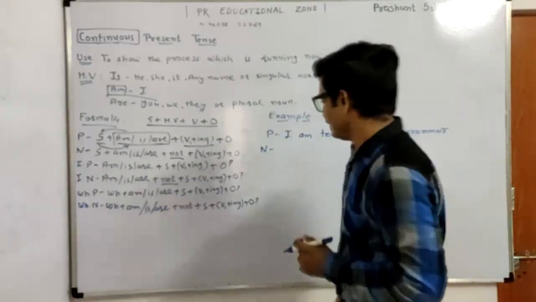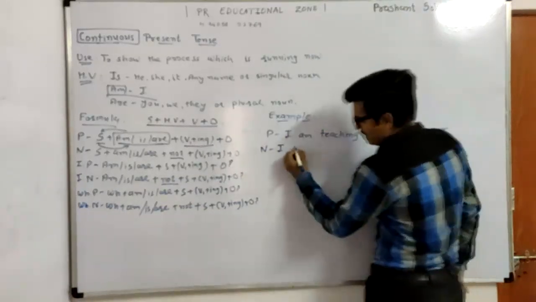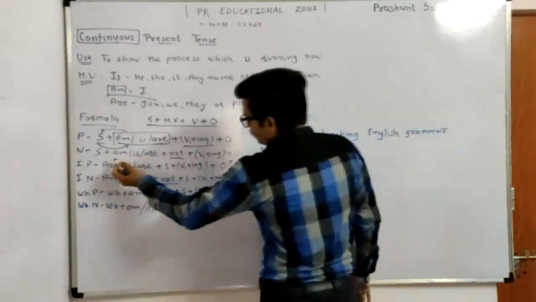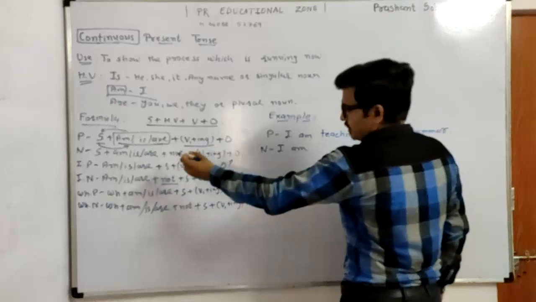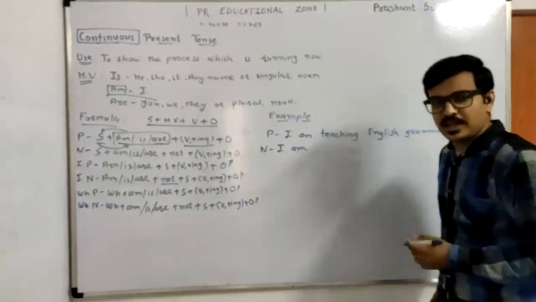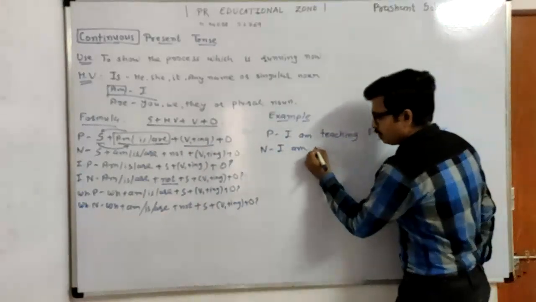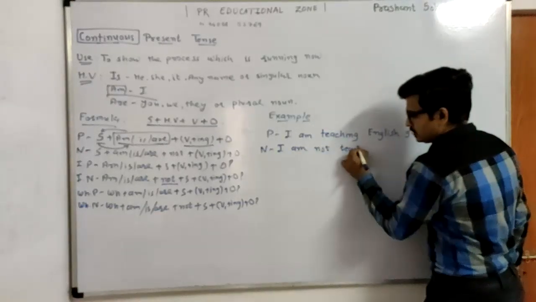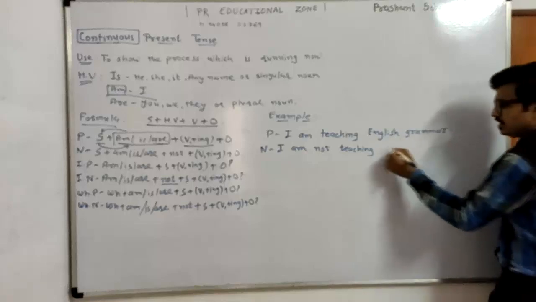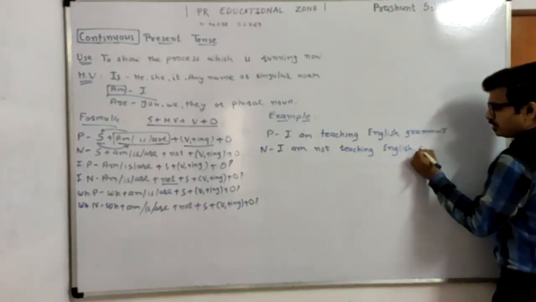That is right. We can also go by the formula: subject, which is I, and after that am, and then we will put a not, and then the ing form of the verb, which is teaching, and the object is English grammar.